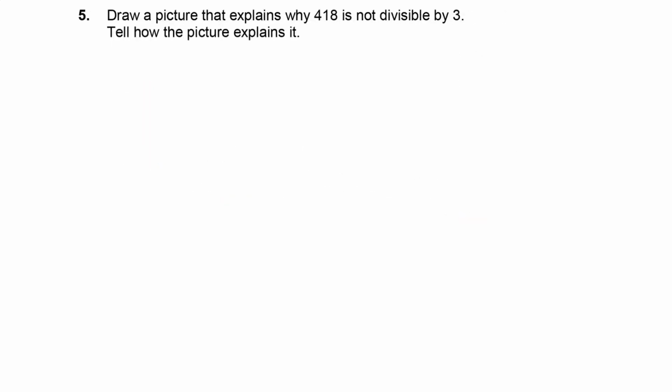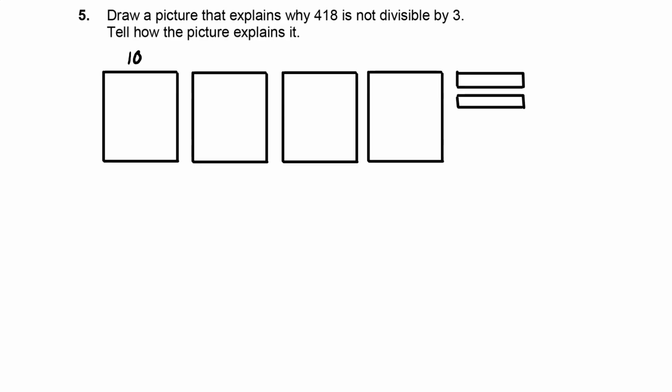Draw a picture that explains why 418 is not divisible by 3. If each of these boxes represents 10 by 10, so I didn't bother to draw in all of the boxes, that means that there was 100 in each of these. But when we're trying to think about divisibility by 3, 100 isn't evenly divisible by 3.